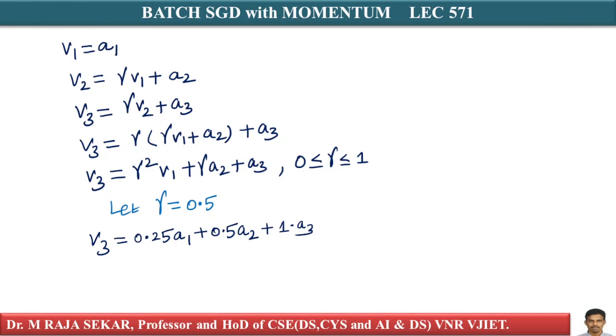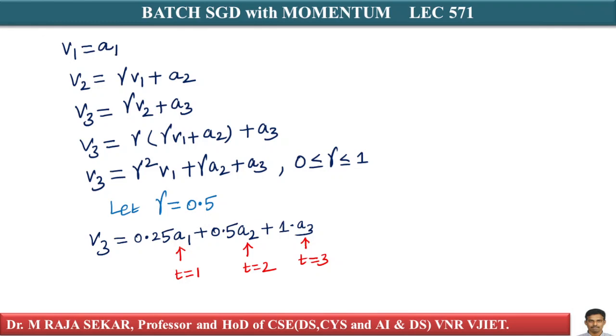I have seen a value A3 and hence I am giving more weight to A3, and lesser weight to the previous points that I have seen. I have seen A2 at time t equal to 2, and A1 at time t equal to 1. So the most recent point that I have seen is given more weightage.